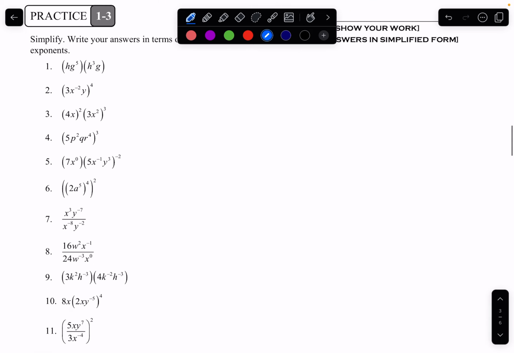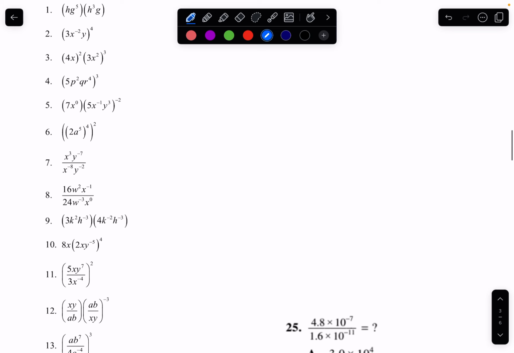Okay, practice problems. They all look different on purpose. I know that they don't all look the same. I don't want them to look the same. I want you to see all of these different rules being used in very different situations.